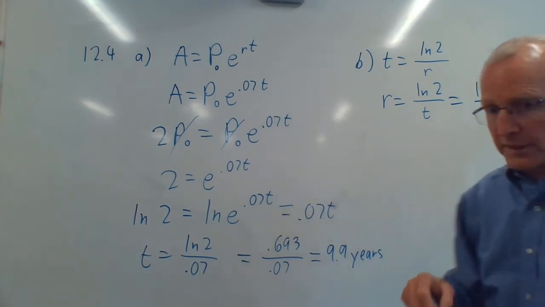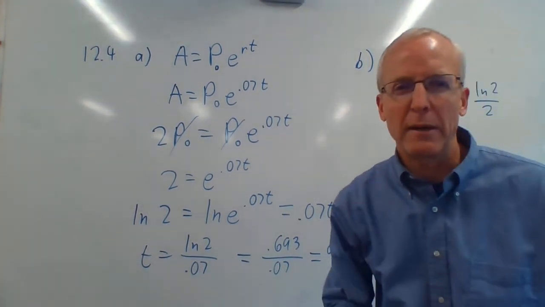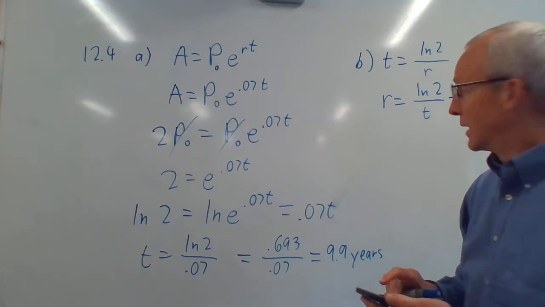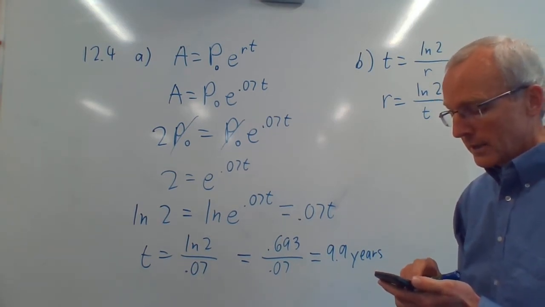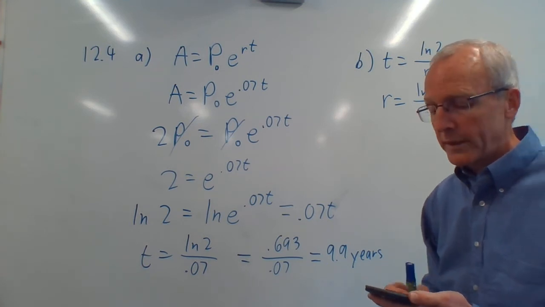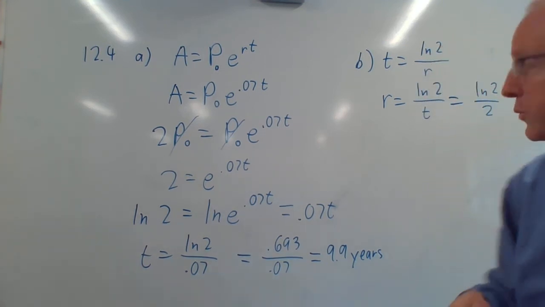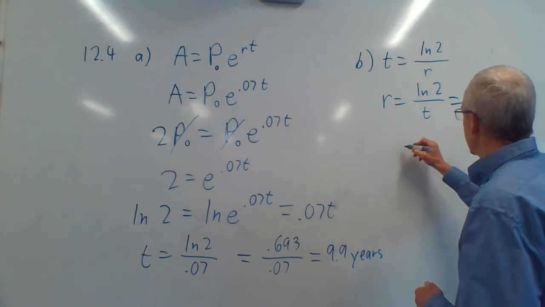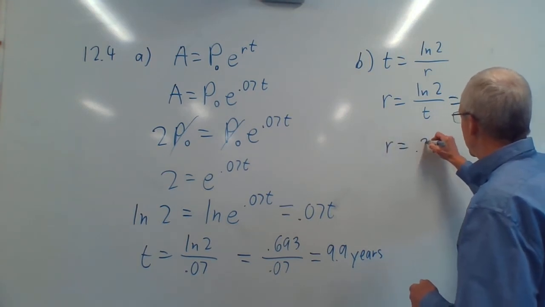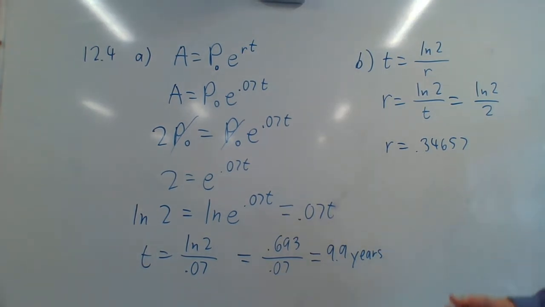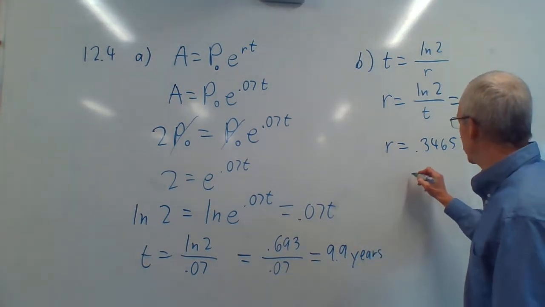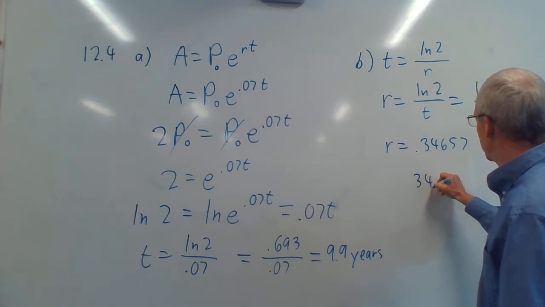That's 0.693 divided by 2. Using 70 divided by 2, it's about 0.35 or something, but I'll do it perfectly. ln of 2 divided by 2 is 0.34657. That would have to be our rate, or in percent, about 34.6.